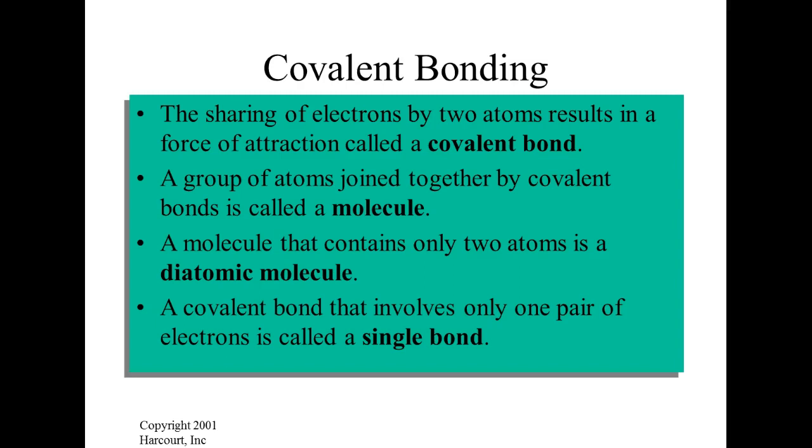Covalently, so ionic bonding is where electrons actually move from one element to another. Covalent bond is where those electrons are shared. So when 2 electrons are shared, that's called a single bond. There's lots of atoms on the periodic table that like to become bonded together covalently, and they like to do it diatomically. So diatomic means 2 atoms bonded together.